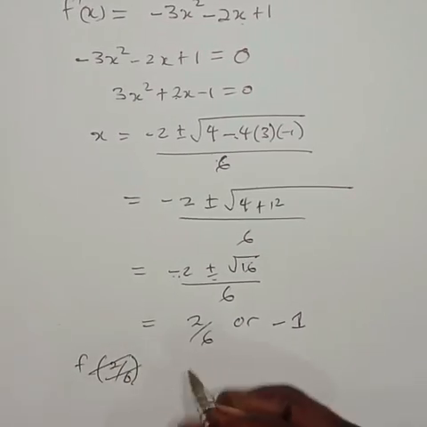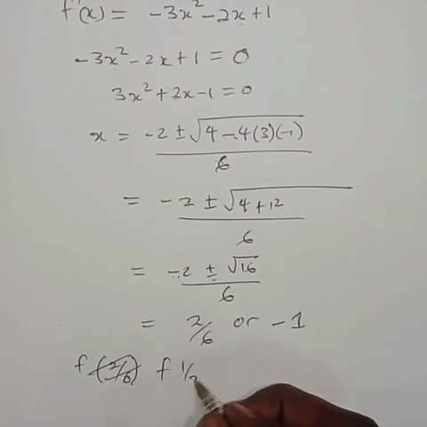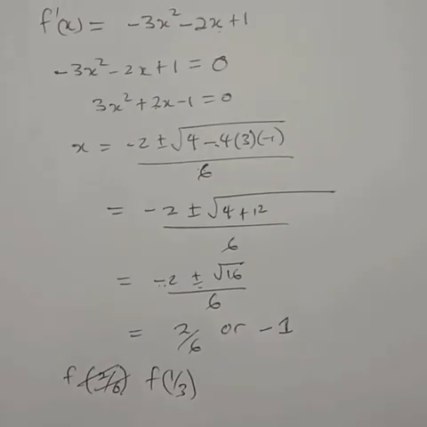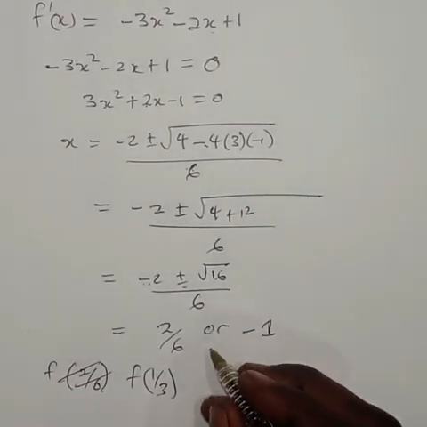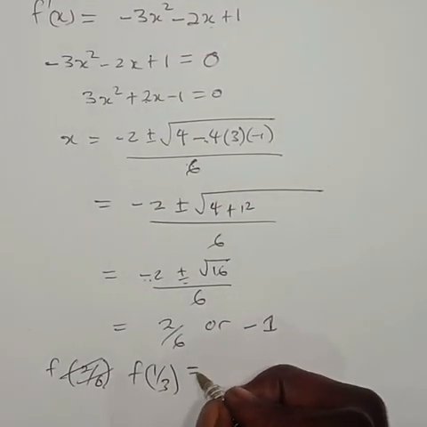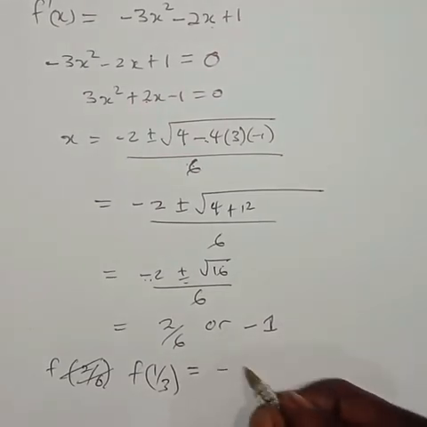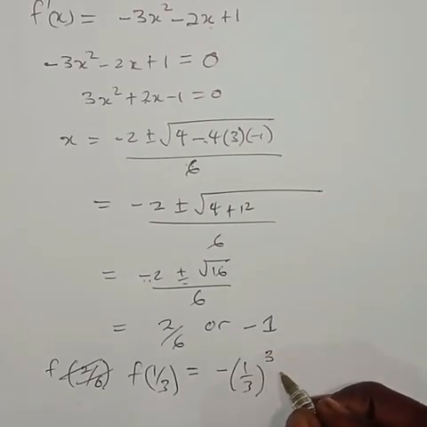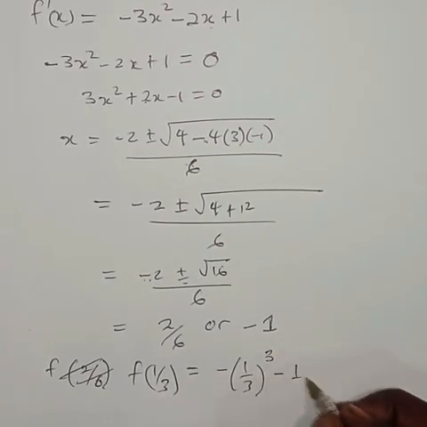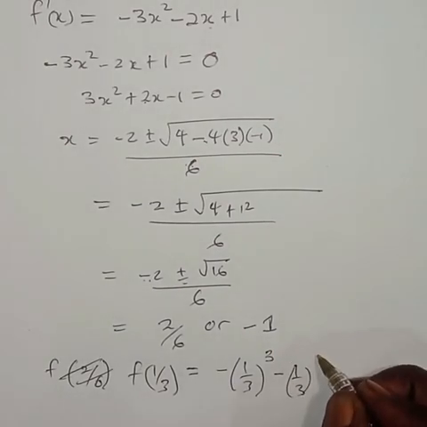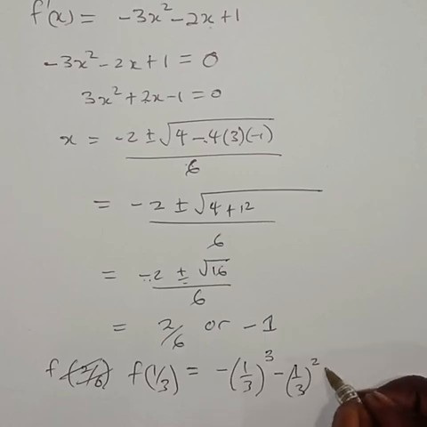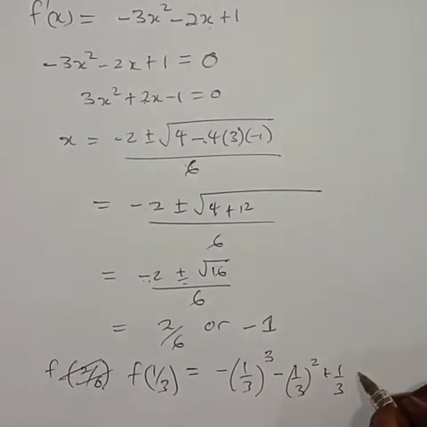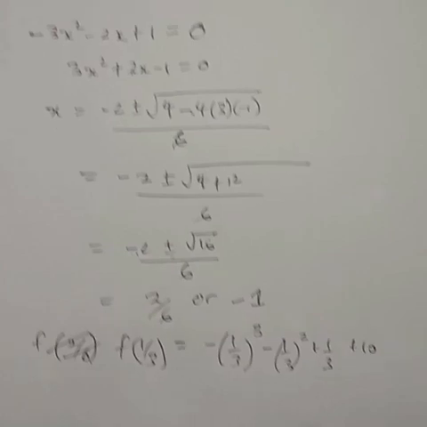I can just write f of 1 over 3, just to break it down, is equal to minus 1 over 3 to the power of 3 minus 1 over 3 squared plus 1 over 3 plus 10.